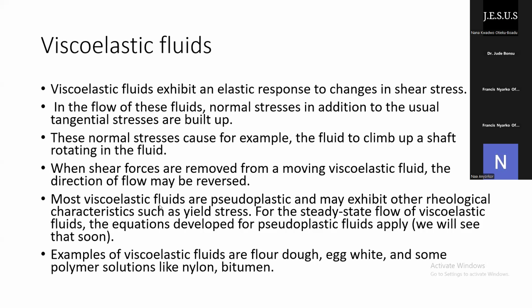But the moment you remove the shear stress, the fluid comes back to its original position. That's what we term viscoelastic fluids. Examples are flour dough, egg whites, polymer solutions like nylon and butane. The moment you apply the shear stress, they deform, or let's say they move. But when you remove the force that you're applying to it, it tends to go back to its original shape or form.